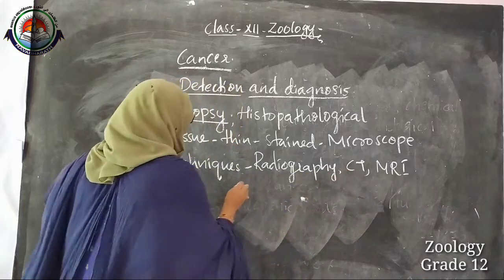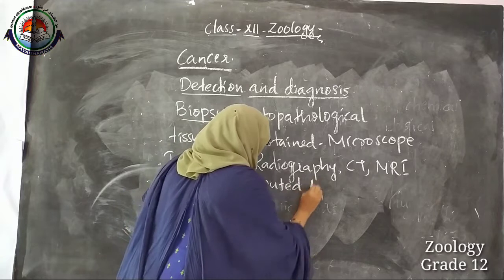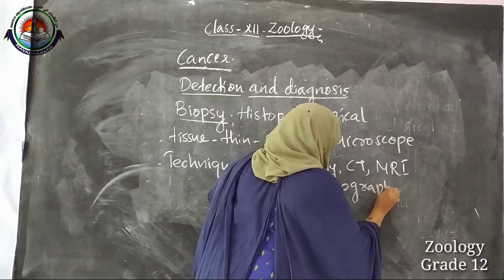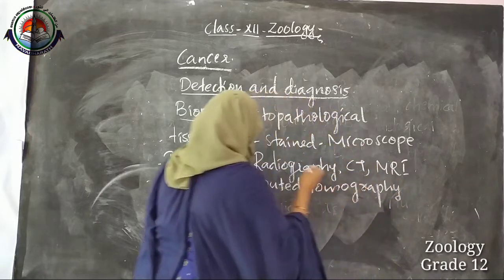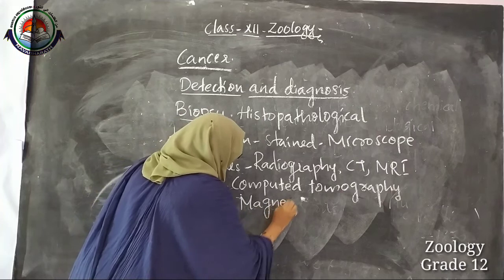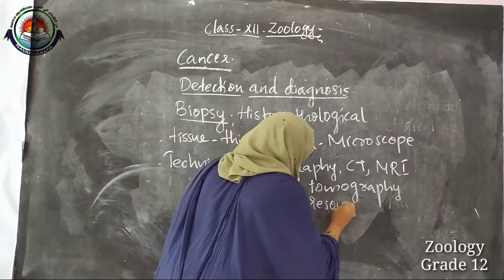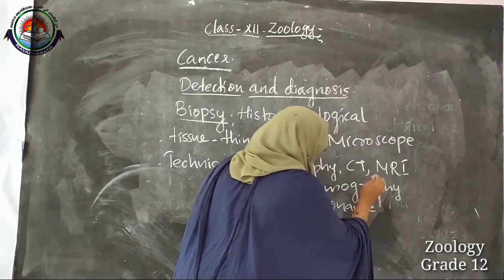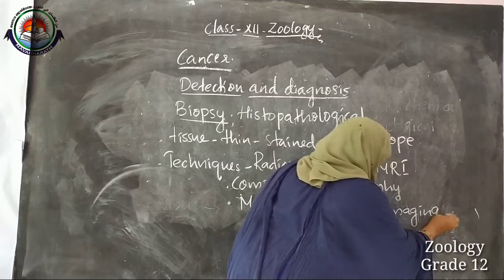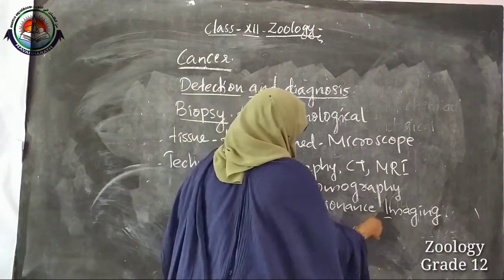CT is computed tomography and it is abbreviated to CT. MRI is magnetic resonance imaging. Clear? In short, it is known as MRI.